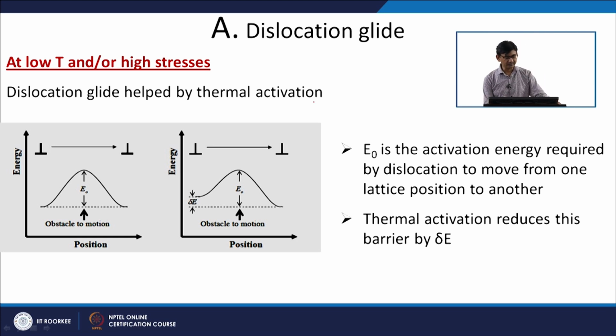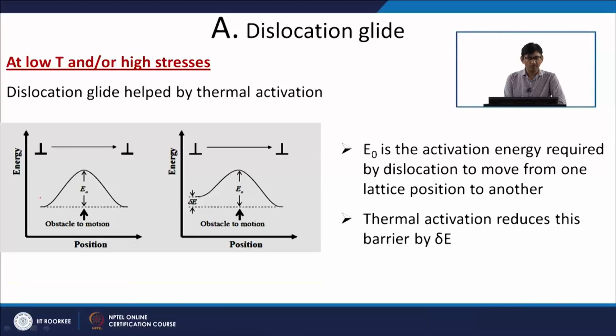We want to see how, when a dislocation moves, the potential energy changes during the movement from one atomic site to the next atomic site. If the dislocation is here, it is in a low energy configuration. When the dislocation is moving to the next position, it has to climb over the atom which is at the bottom of this atomic plane.